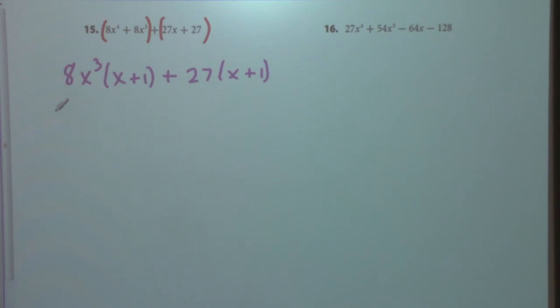So that's what we have. That is going to be our common factor between these two. And with that as our common factor, we can rewrite this as x plus 1 times 8x cubed plus 27. We still have to treat it like two different things.